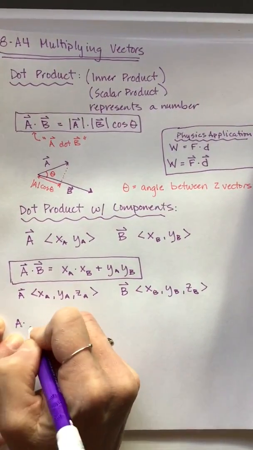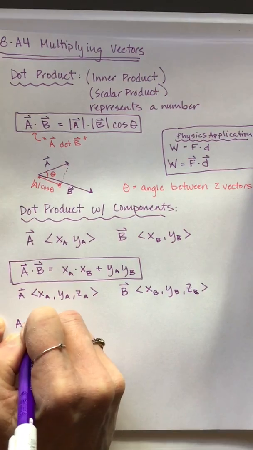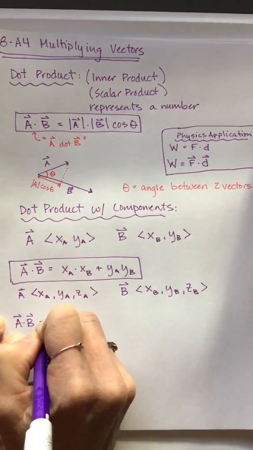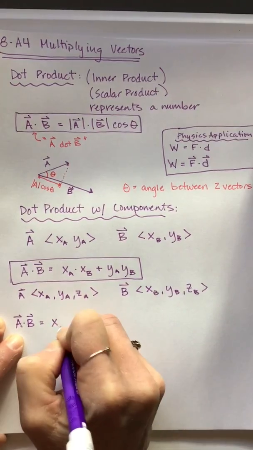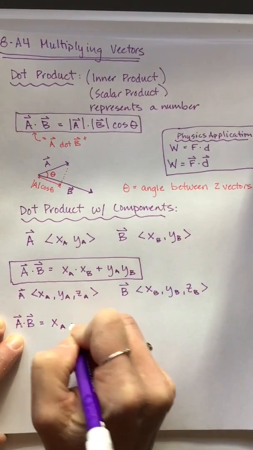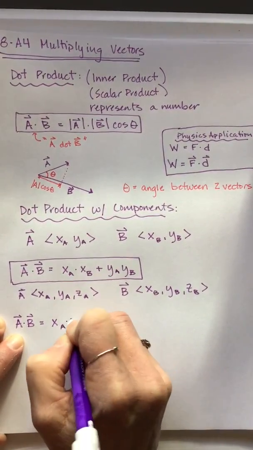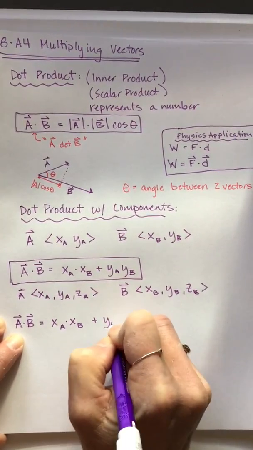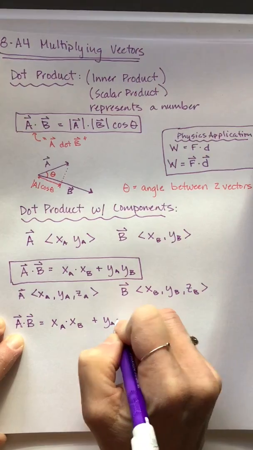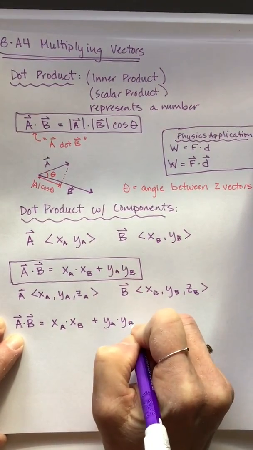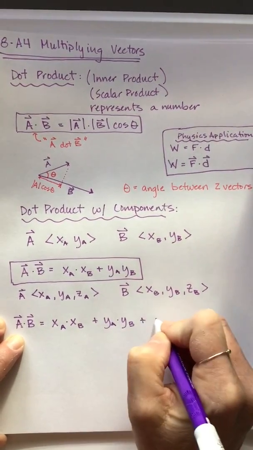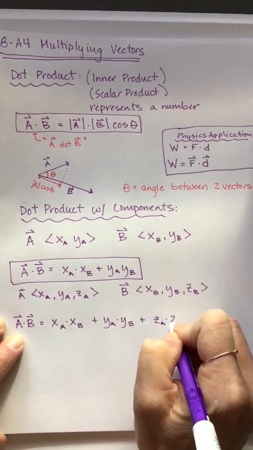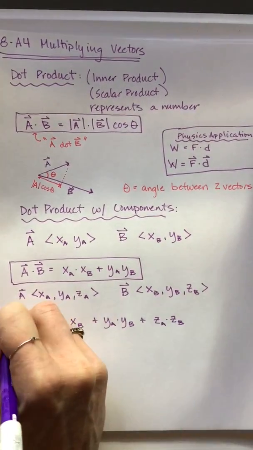You're going to multiply the x's, the y's, and the z's, and then sum them. So xa times xb plus ya times yb plus za times zb.